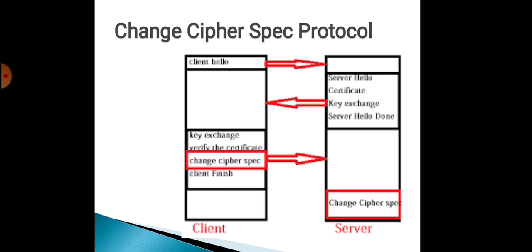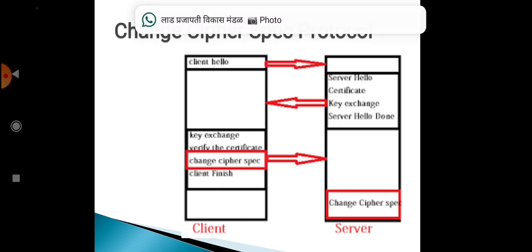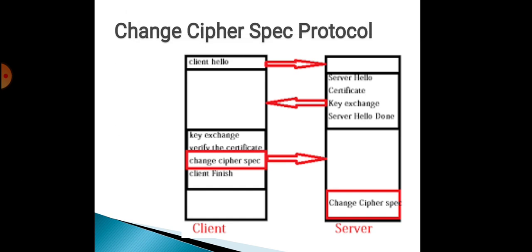The sole purpose of this message is to cause the pending state to be copied into the current state, which updates the cipher suite to be used on the connection. The change cipher specification protocol exists to signal transitions in ciphering strategies.